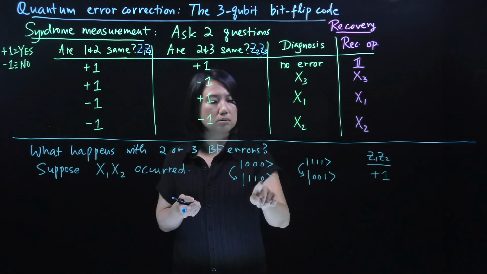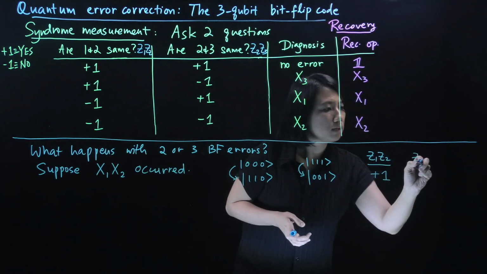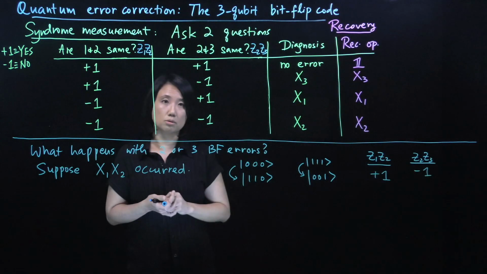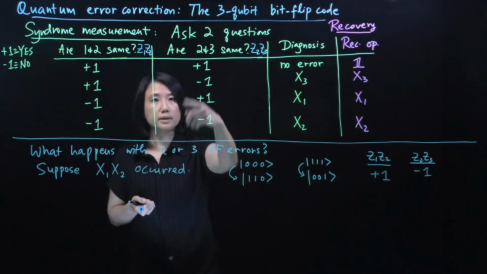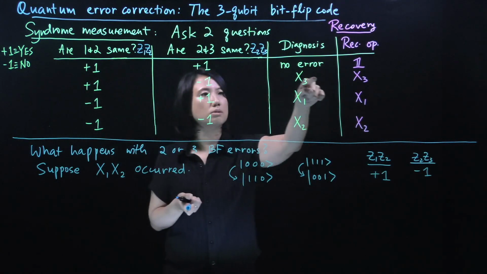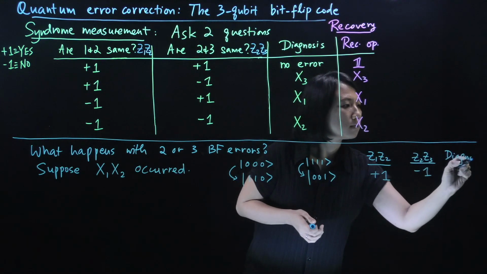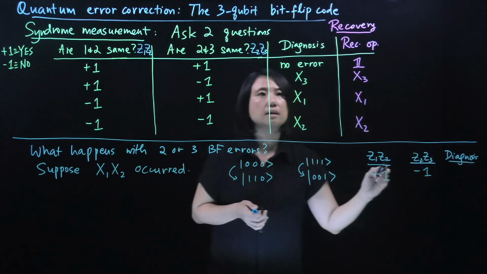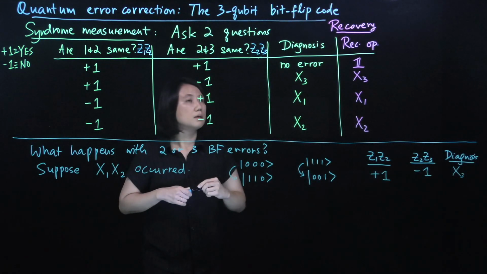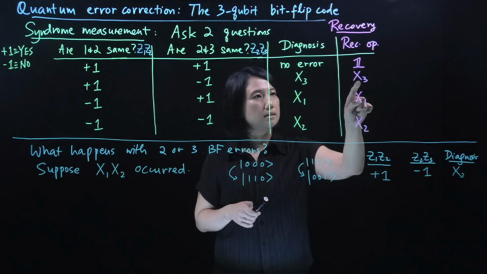We find that no, qubits 2 and 3 are different. So my Z2, Z3 measurement is -1, that's a no. Coming back to the table, I have +1 and then -1, which reads off the second row. This tells me that the diagnosis is an x3 error, and the recovery operation will again be another x3.